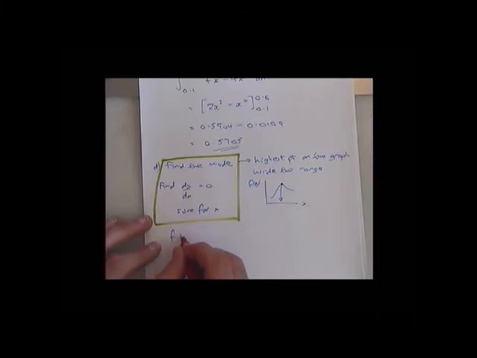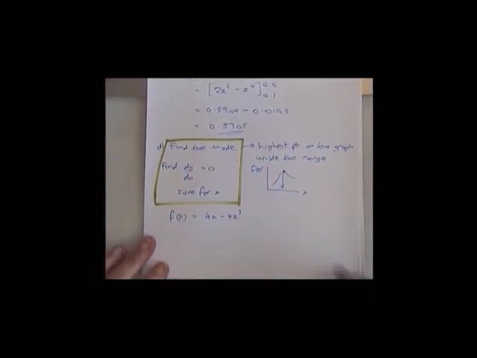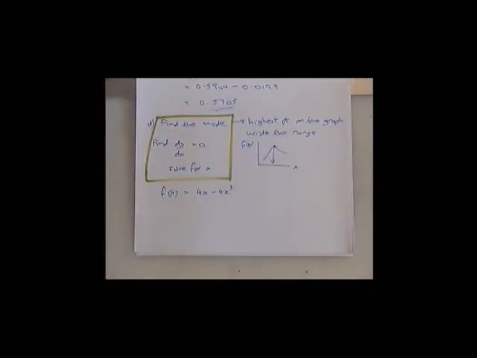A reminder, because it's off the screen at the moment, f of x is 4x minus 4x cubed. So if you haven't done it already, differentiate it, set it equal to 0, solve it for x. I'm going to stop talking and freeze what you're looking at, but the video will still see what's going on.